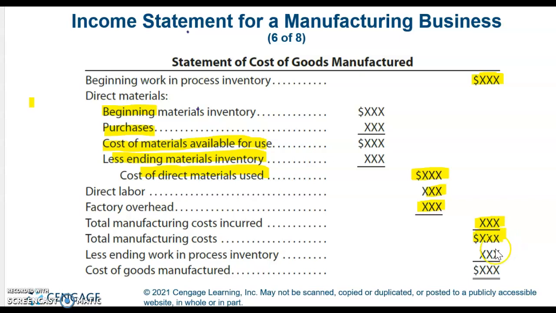Now, if I subtract out my ending work in process, remember it's the same idea: beginning WIP plus manufacturing costs gives me the total manufacturing costs, minus ending WIP. That gives me my cost of goods manufactured.